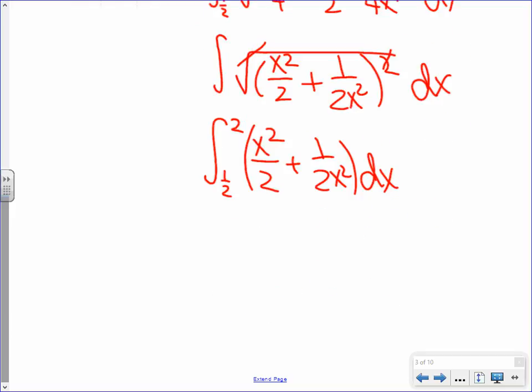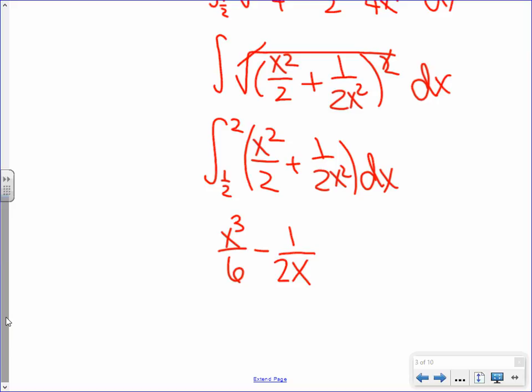Now we can say x cubed over 6, minus 1 over x to the first, I'm thinking about that, right? 1 over 2x.